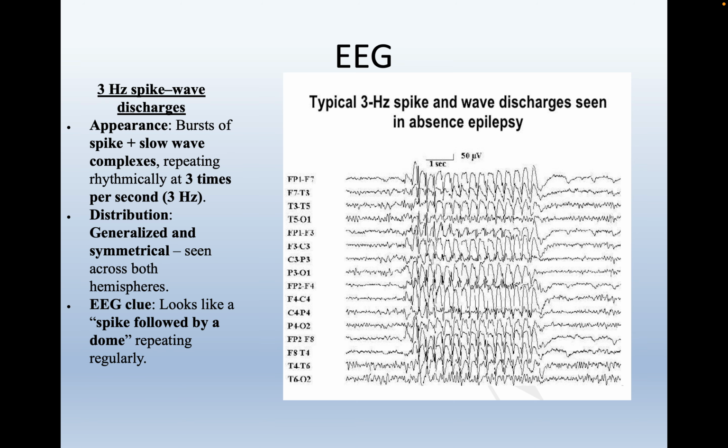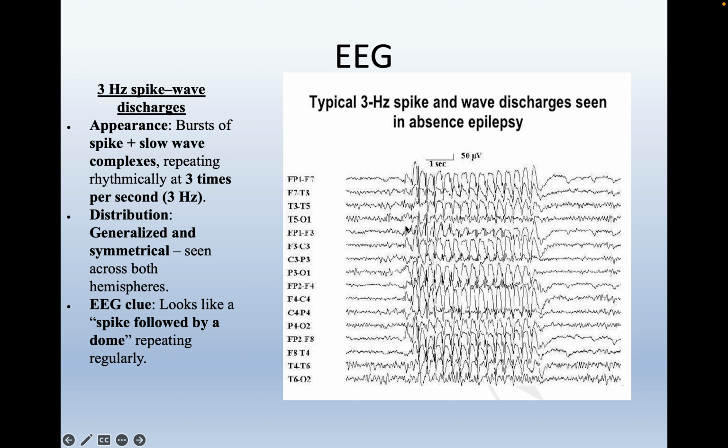Here in the EEG we see a typical 3 hertz spike and wave discharge, and if you zoom in you will find one spike followed by a wave, one spike followed by a wave, which means spike and wave discharge. In 1 second we have 3, 1 2 3. The appearance is a burst of spike and slow wave complexes repeating rhythmically at 3 times per second, 3 hertz.